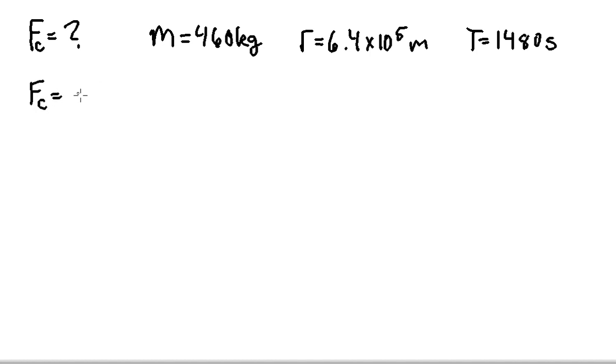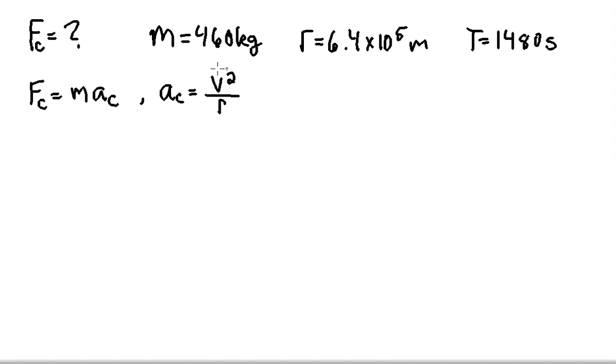We know the centripetal force is equal to the mass of the object in motion, which we have here, times the centripetal acceleration. Now we don't have the centripetal acceleration, so let's write down that formula first. The velocity squared divided by the radius.